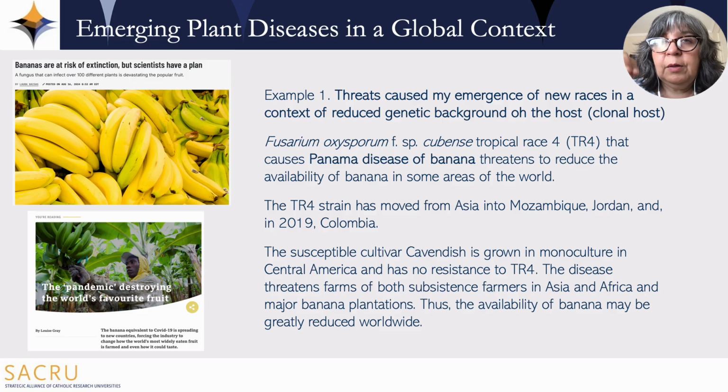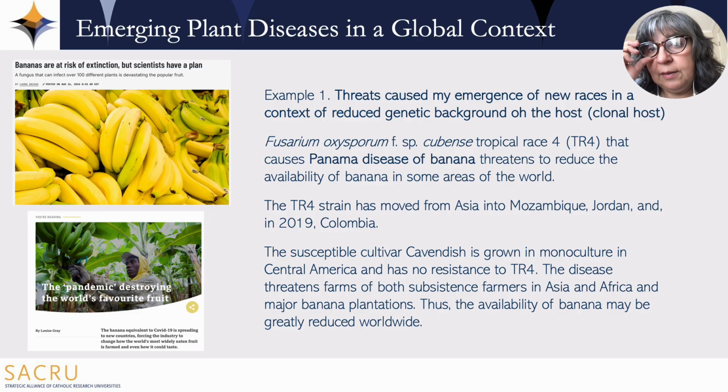So if we don't have a heterogenic genetic background in our production, it's really easy to threaten the production because all the plants producing banana at this time are susceptible to new pathogens. In that sense, this new disease is threatening the production in Asia, Africa, and Central America, which are the major banana production areas in the world.